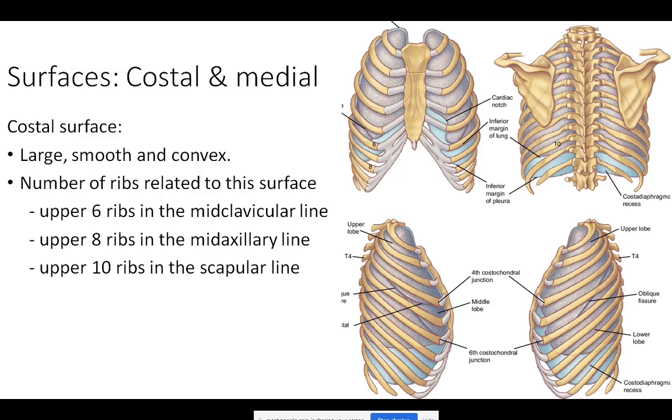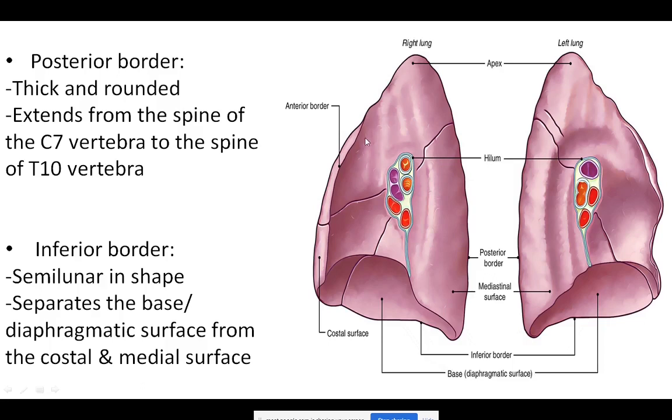Now we are coming to the surfaces of the lung: costal and medial surfaces. The costal surface means the part of the lung which is related to the thorax, to the thoracic wall, whereas the part of the lung which is related with the heart or with the medial compartment of the thoracic cavity is known as the medial surface of the lung, okay?